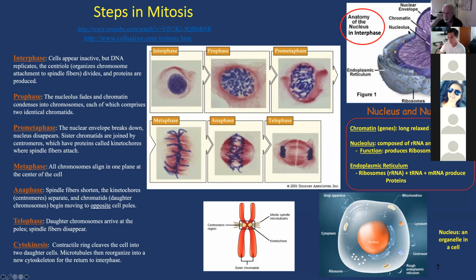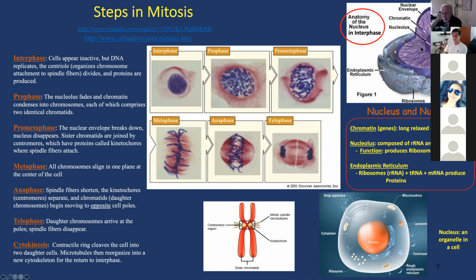You'll see the things that you're familiar with already, like the nuclear envelope, nuclear pores. And the chromatin, and what is chromatin? Well, it's long, relaxed chromosomes. So this is before the chromosomes start to condense, they're still chromosomes. They're long chains of DNA, but they're relatively relaxed and very long.